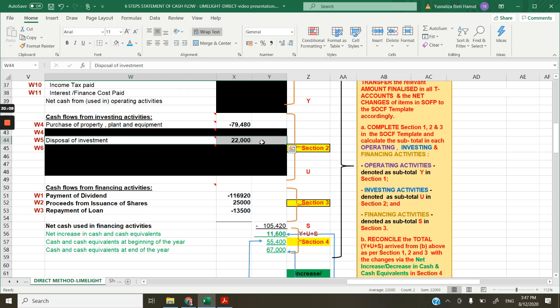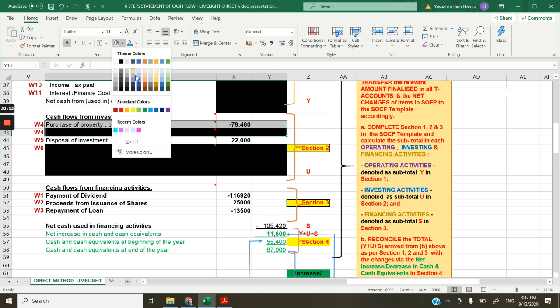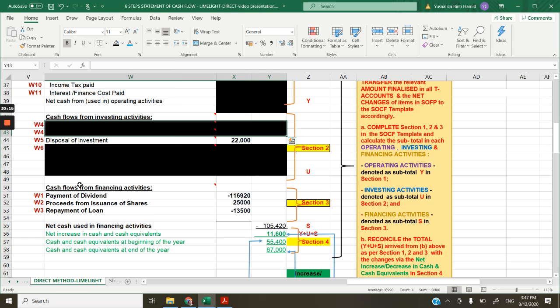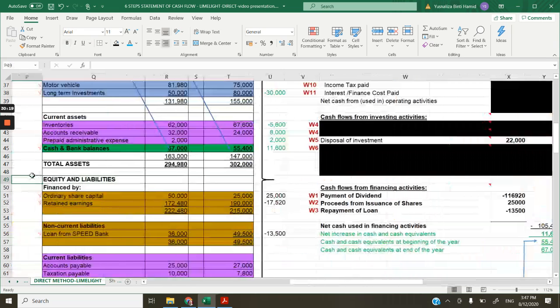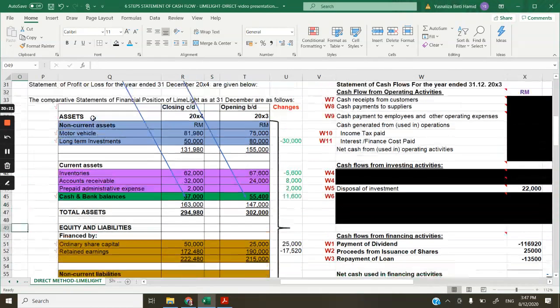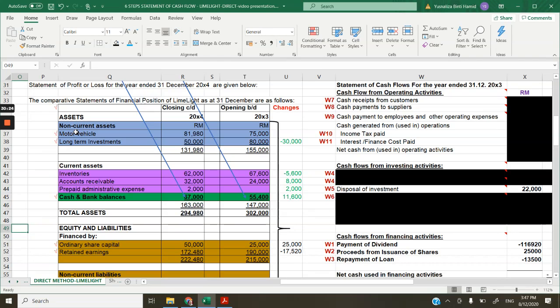Okay, so next we move on to our next item, which is our asset that has depreciation, our PPE. So in your case here, you just have one item of PPE. Some questions may have a few more items of PPE. You need to check if this is at cost or at the carrying value or carrying amount.